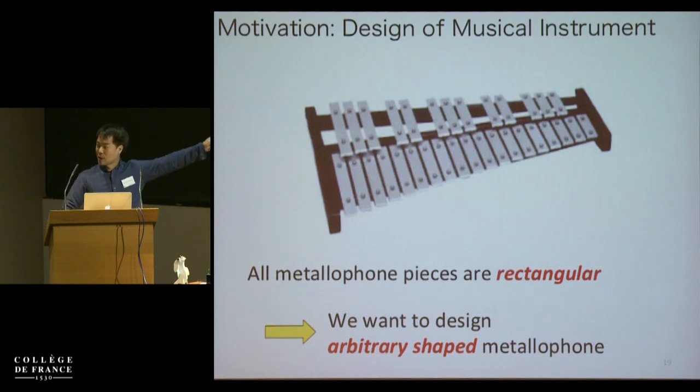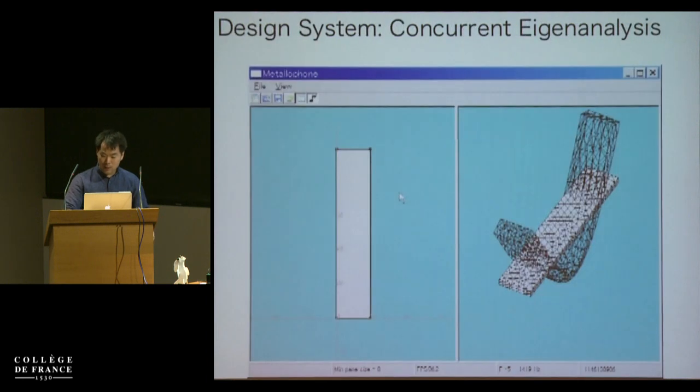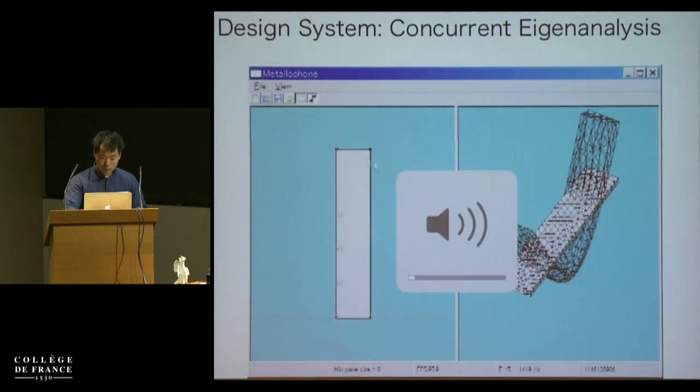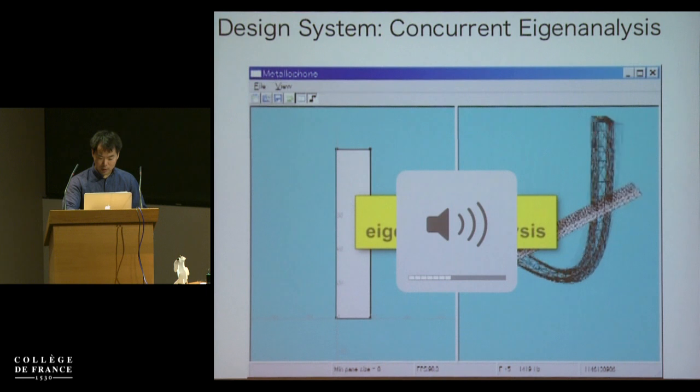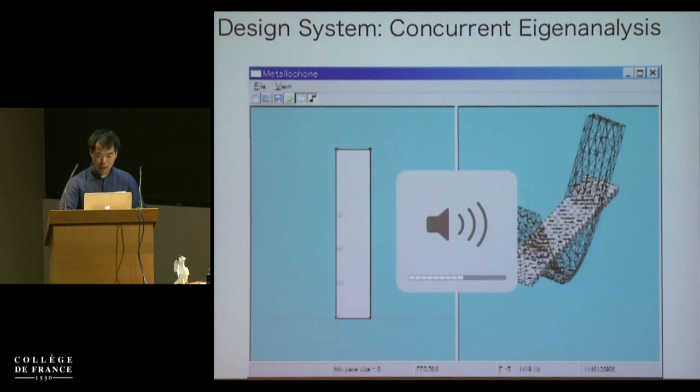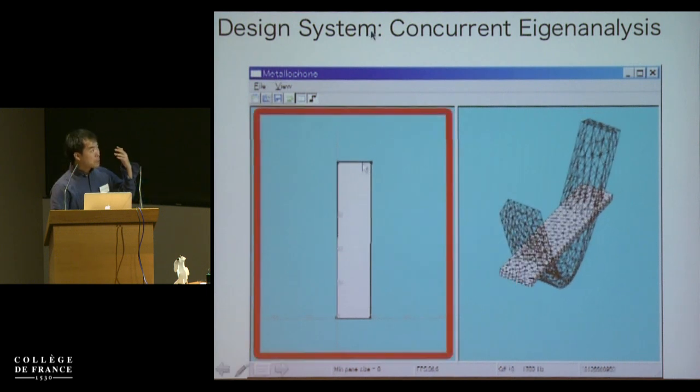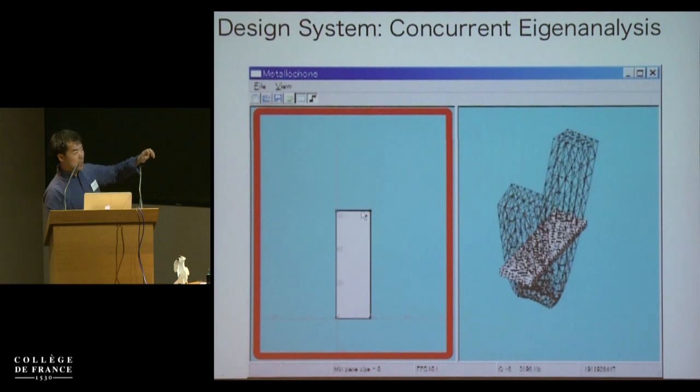For example, this metallophone is always some array of rectangular bars. But if we couple the design and simulation, we can make a lot of more interesting metallophones.